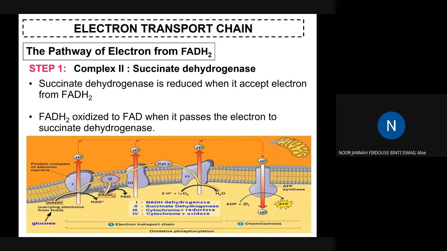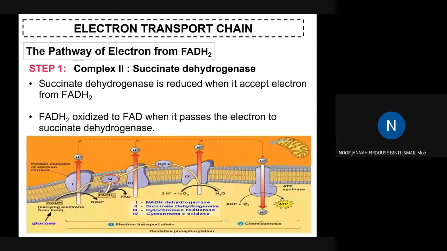The ubiquinone is a mobile carrier. The complex number 2 succinate dehydrogenase will receive electron from FADH2. So FADH2 is said to be oxidized to FAD.